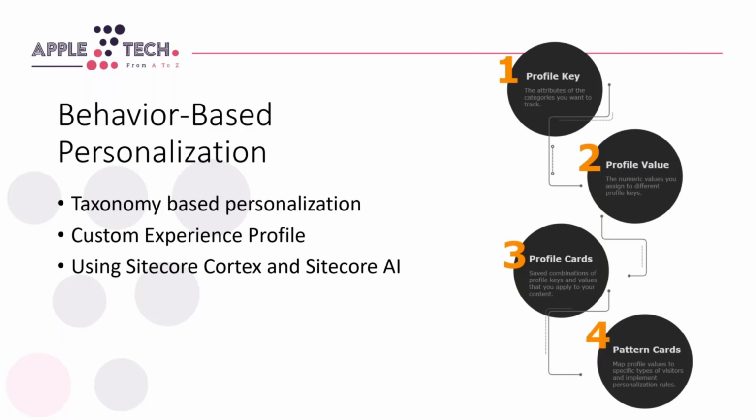So profile cards mainly are tagged at the page level. So you have to go into your different pages, assign your profile cards, and then trigger different personalization activities based on that.